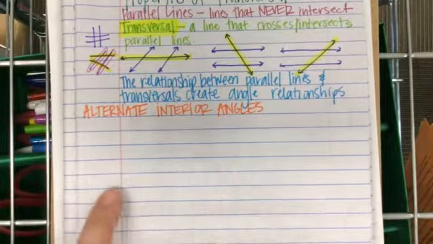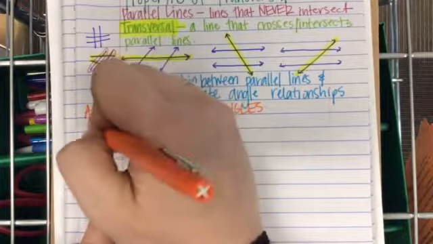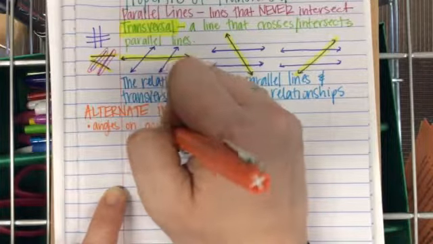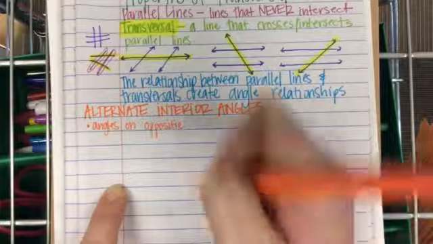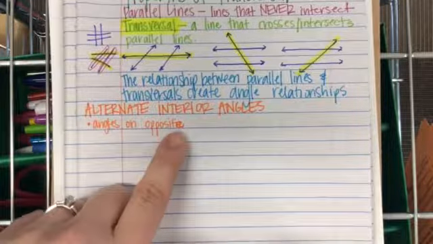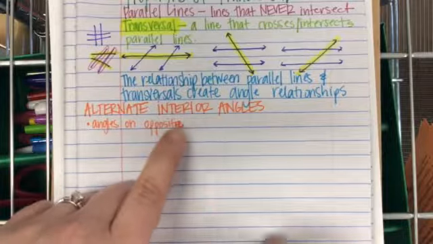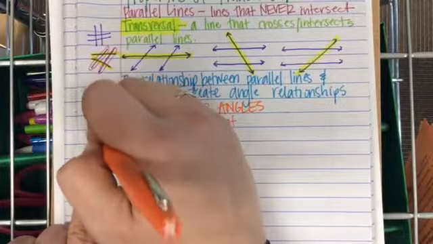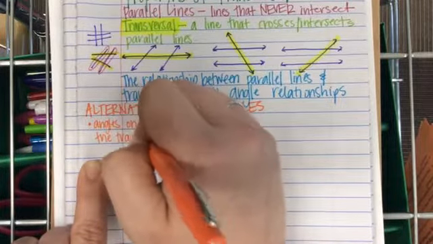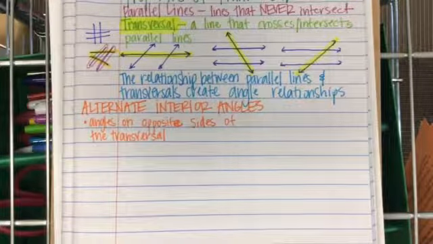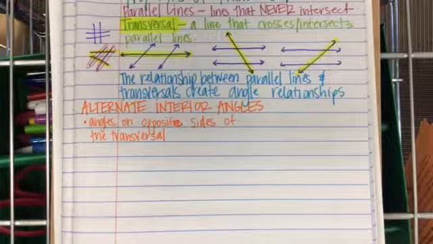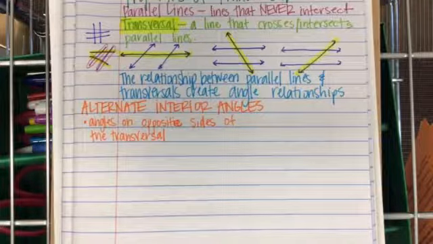So alternate interior angles are different angles on opposite sides of the transversal. So if one of the angles is on the left, where's the other one? If one of the angles is on top, where's the other one? On bottom. Alternate. So they're on alternate sides of the transversal.